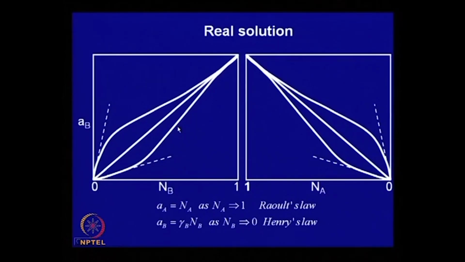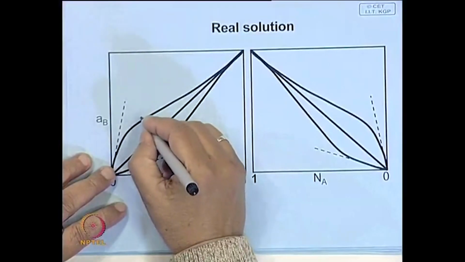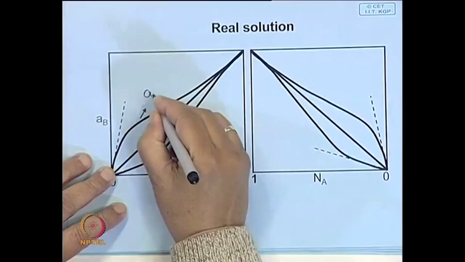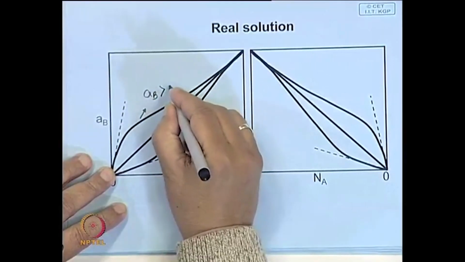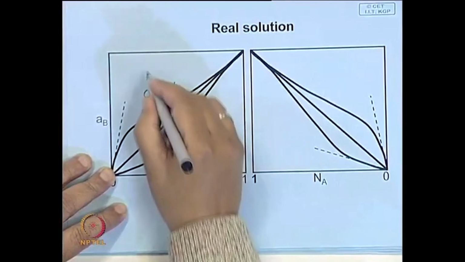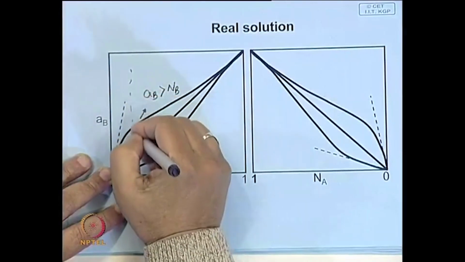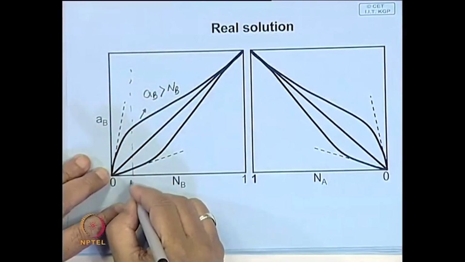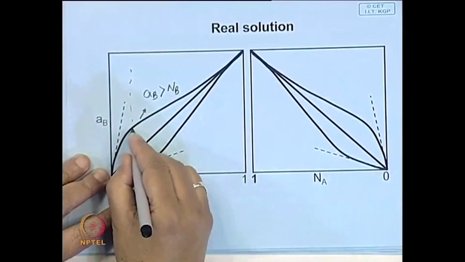So what is happening here in this part is that activity is greater than N B, at any point you take. This is N B, this is the activity.